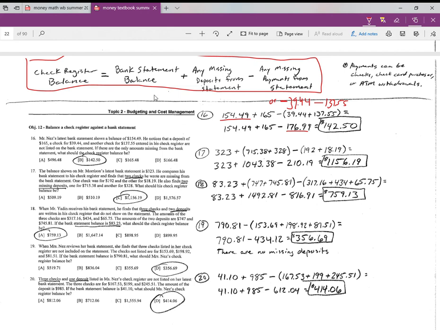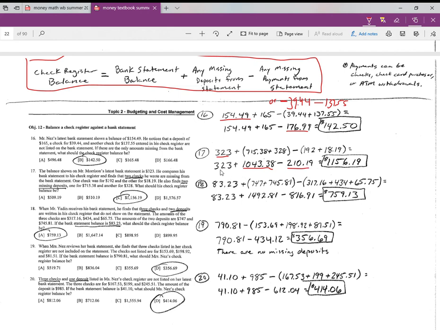So you start with the bank statement balance. Okay, and now what I did is I grouped the deposits together, grouped the checks together. So the two deposits together equals this 1,043.38. The two missing checks together is 210.19.